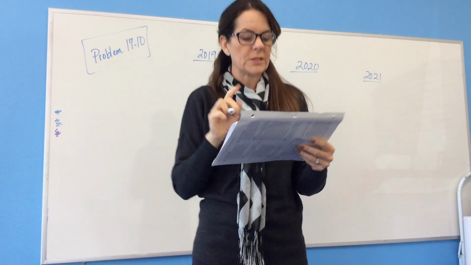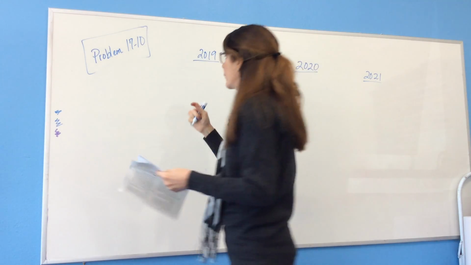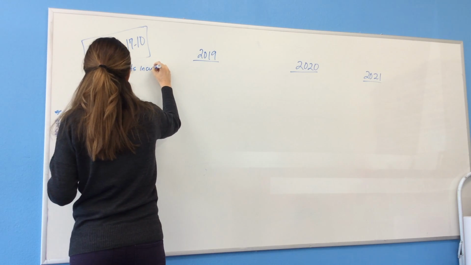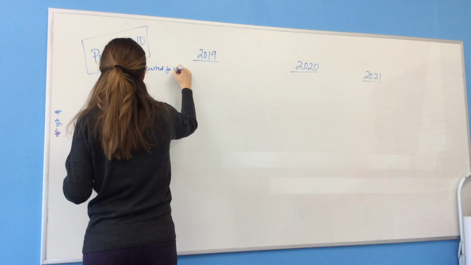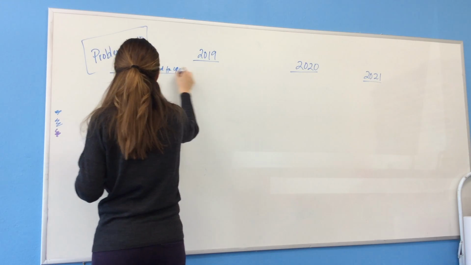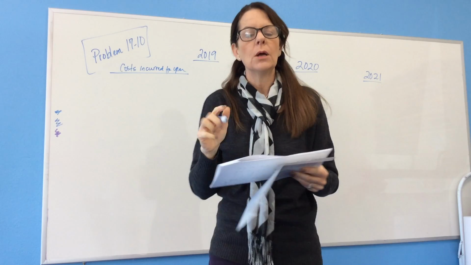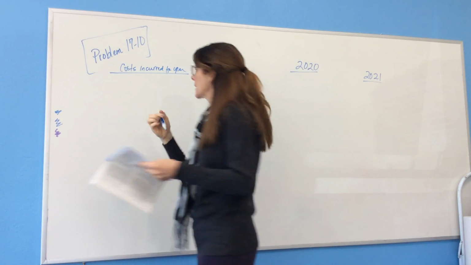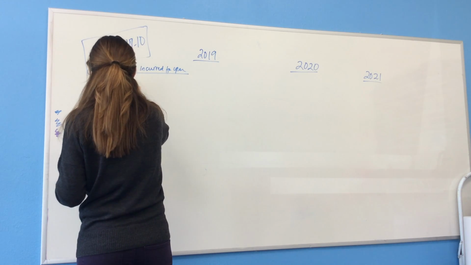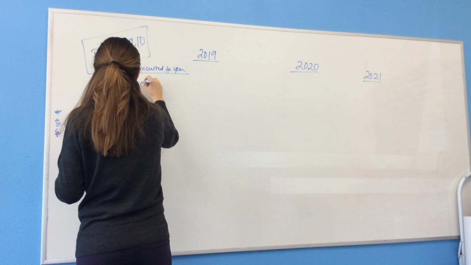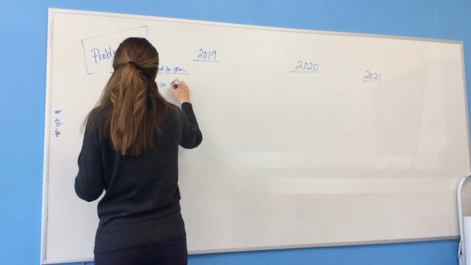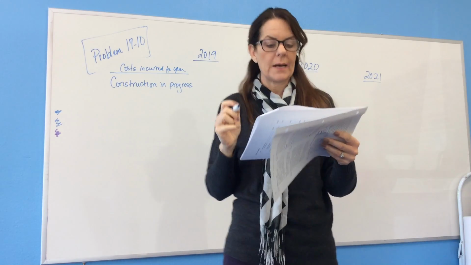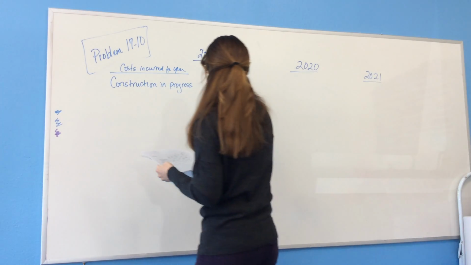The first thing we're going to do is record the costs incurred for the year. So when we do that for 2019, we're going to debit an account called construction in progress. That construction in progress is actually an inventory account. So I'm going to debit construction in progress, the inventory account, for $8 million.